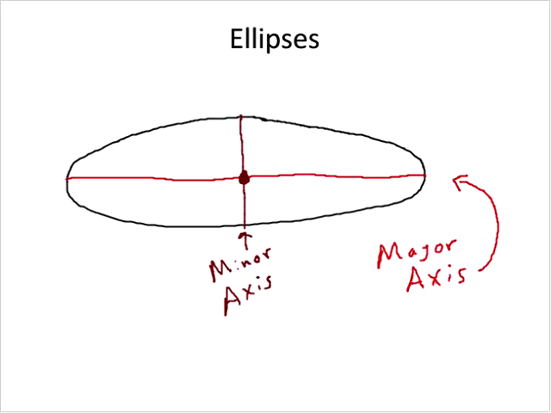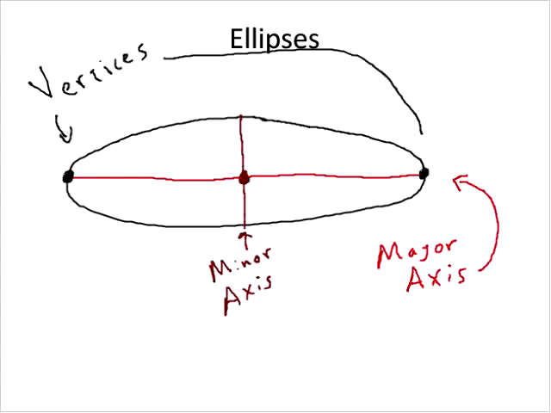Some other things that you will have where the ellipse itself hits the ends of the major axis. These are both called vertices. Each one is called a vertex. So this guy right here and this guy right here are called the vertices.